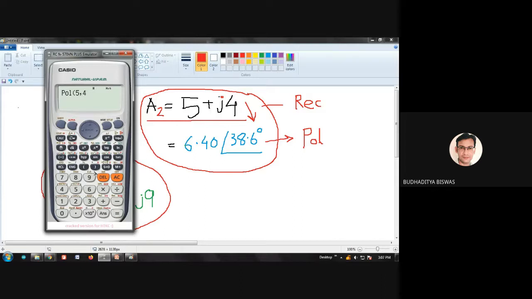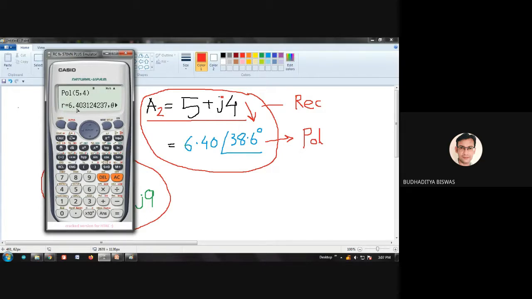Then 4. Then close the bracket. So the meaning is that 5 and 4 are already represented in rectangular form, and we need to convert them to polar form. So the desirable form should be written first: POL, 5, comma, 4. And if you press the equal to sign, instantly it will convert.